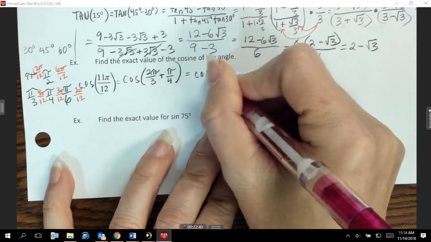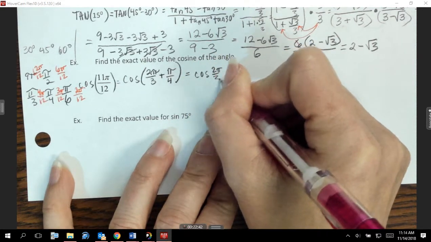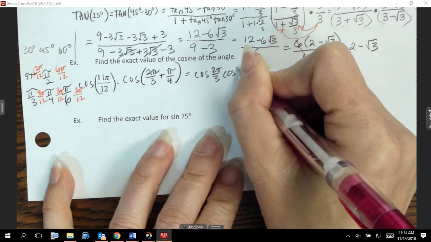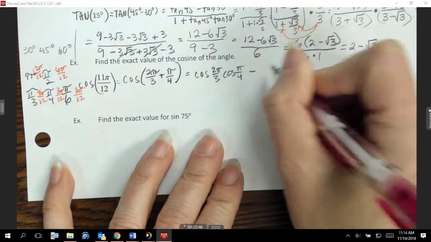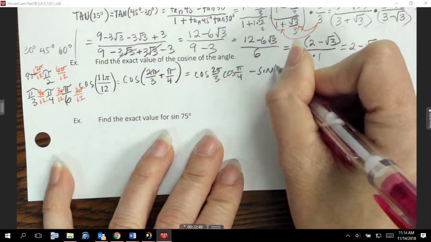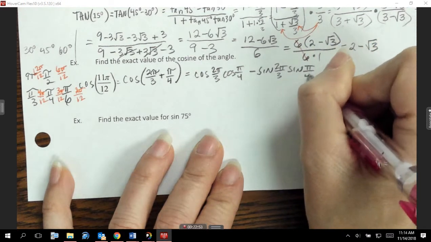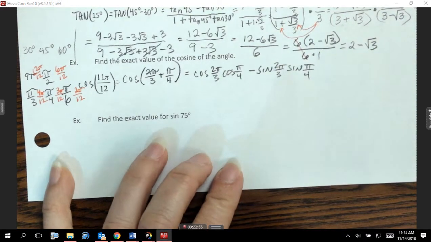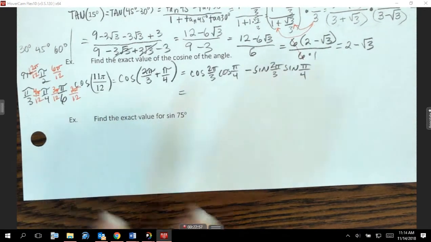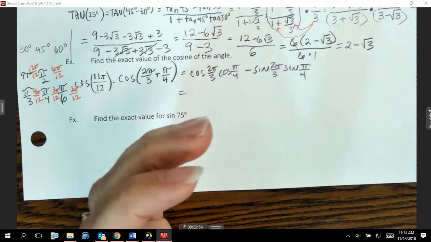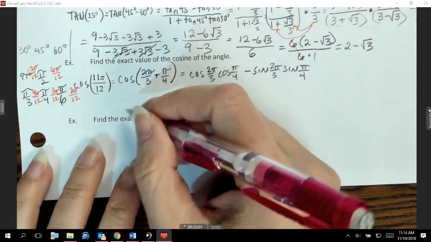And we do cosine at 2 pi over 3, cosine pi over 4, minus sine 2 pi over 3, sine pi over 4. So we have to know the cosine at 2 pi over 3. If you need to draw it, then draw it.